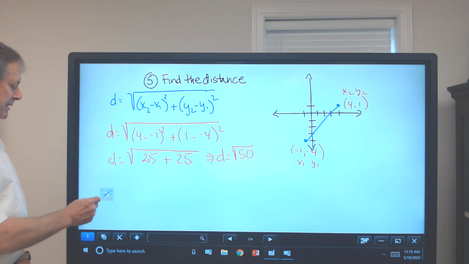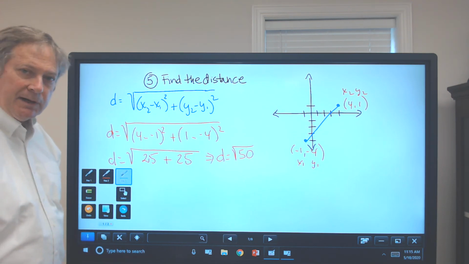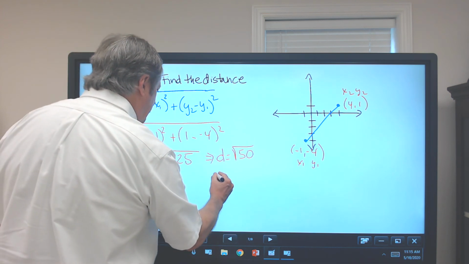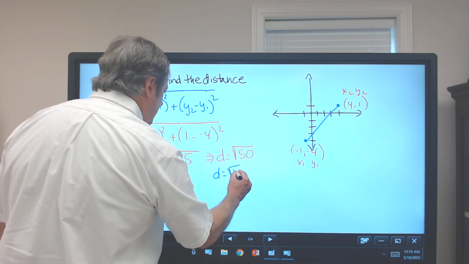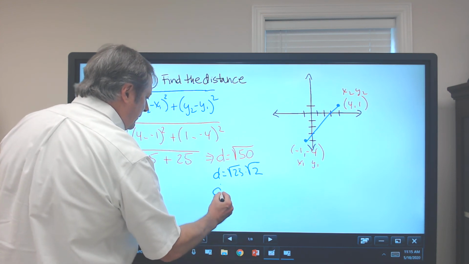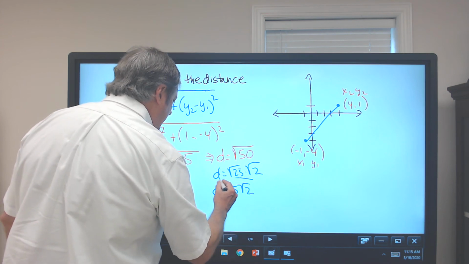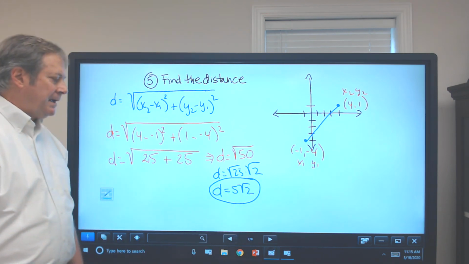Now, we're not quite done because 50 can simplify. And if it can simplify, you must. 50 can break down into the square root of 25 times the square root of 2. And so the square root of 25 is 5 times the square root of 2. And there you have it.